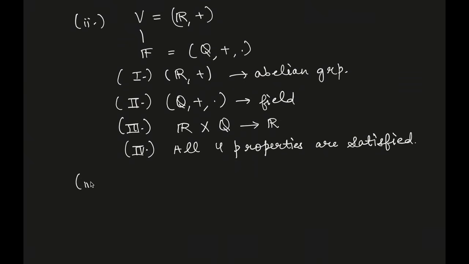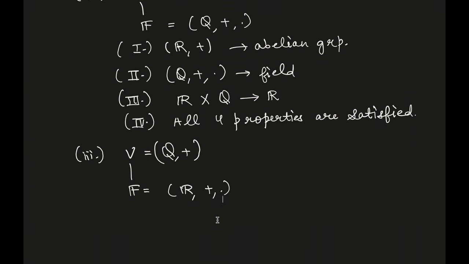Third example. Now this set of vectors V is rational with respect to plus and field is real. So firstly, rational with respect to plus will form my abelian group. Real is a field.